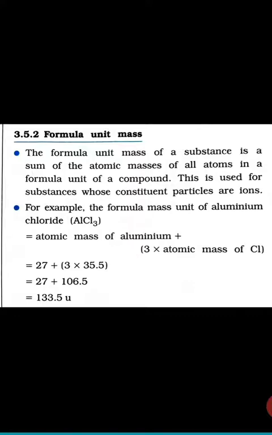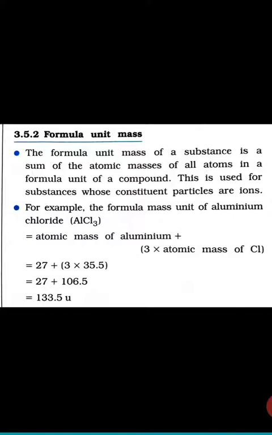One example we can see is the formula unit mass of aluminium chloride. See here, how will you find out? This is aluminium chloride. Aluminium chloride means aluminium and chlorine. So the atomic mass of aluminium plus 3 into the atomic mass of chlorine. Atomic mass of aluminium is 27 plus chlorine, it is 35.5.